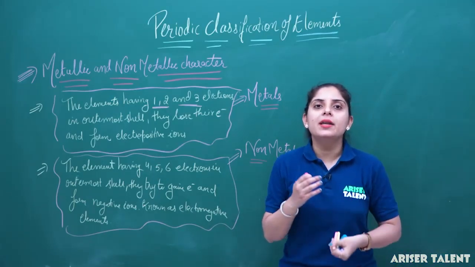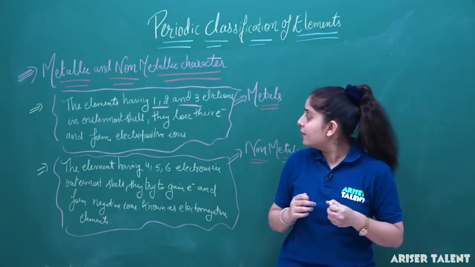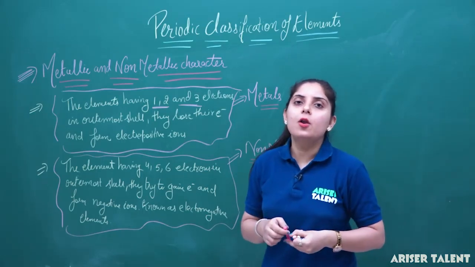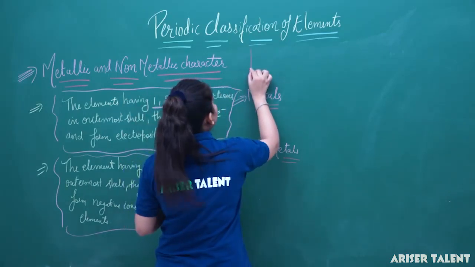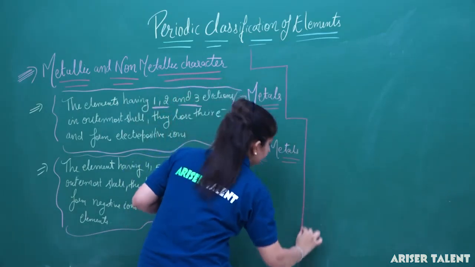But we have to analyze the metallic and non-metallic character along the period or along the group. So let's discuss the metallic character here in the periodic table.